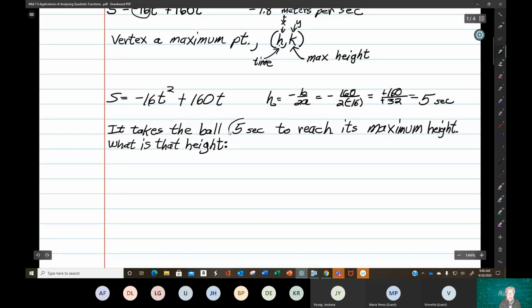You take the 5 seconds and you put it in for t. And that'll be what k equals.